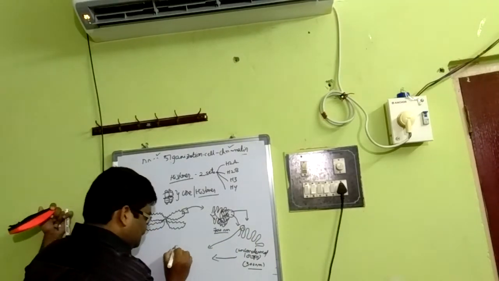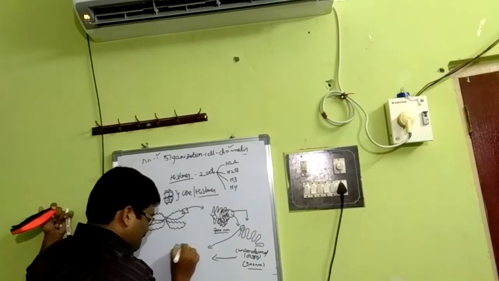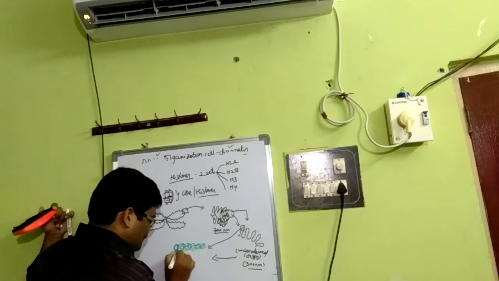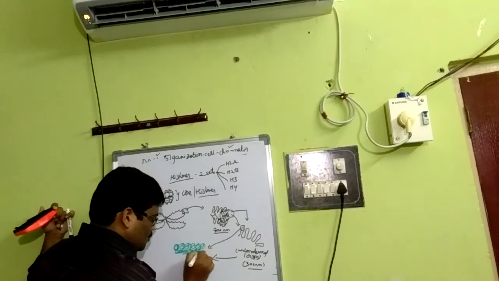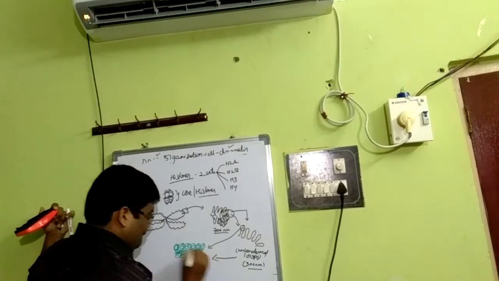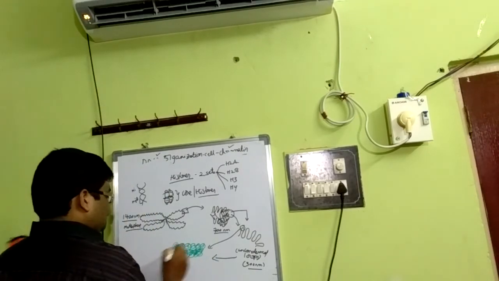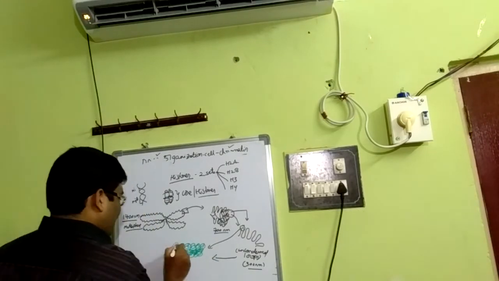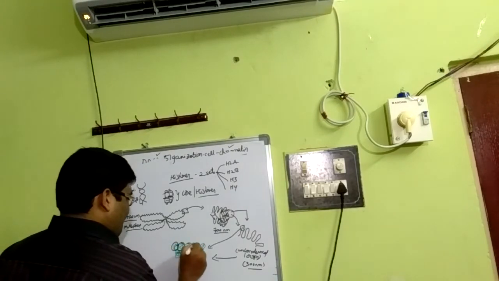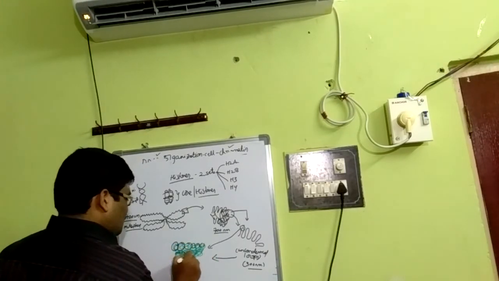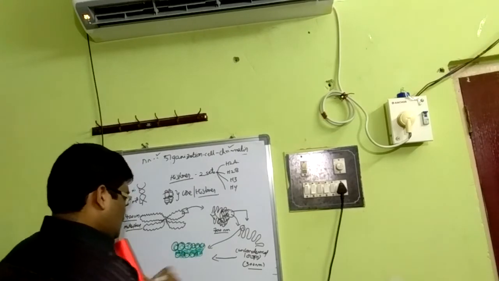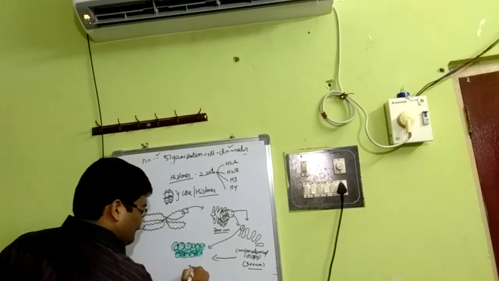It contains nucleosomes, what we call solenoids. This is the 30 nm fiber.